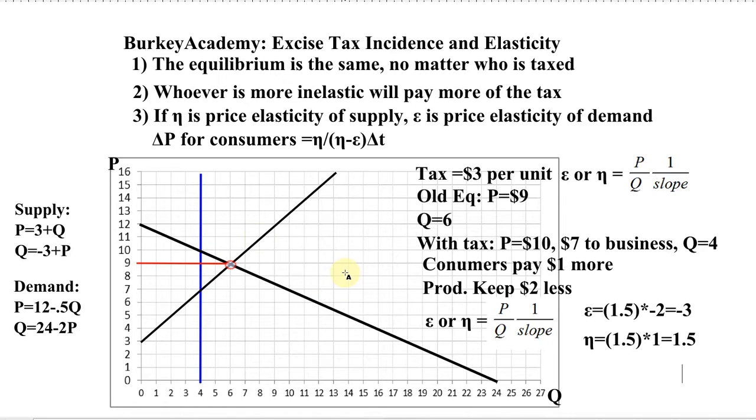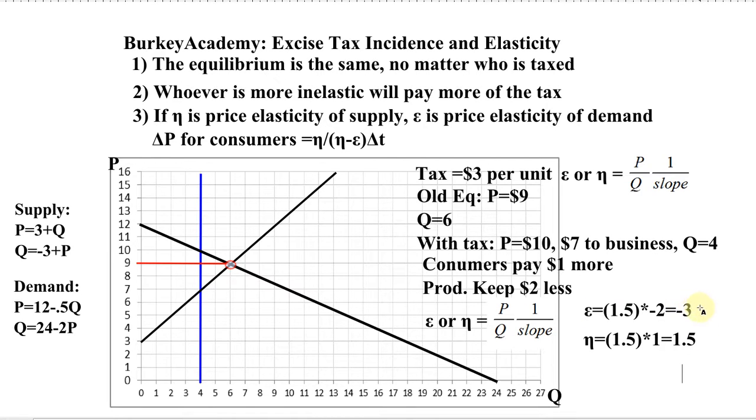Now, item number 3. It's actually the relative magnitudes of the elasticities that tells you how, not just who pays more, but how much more the producers or the consumers will pay than the other one.